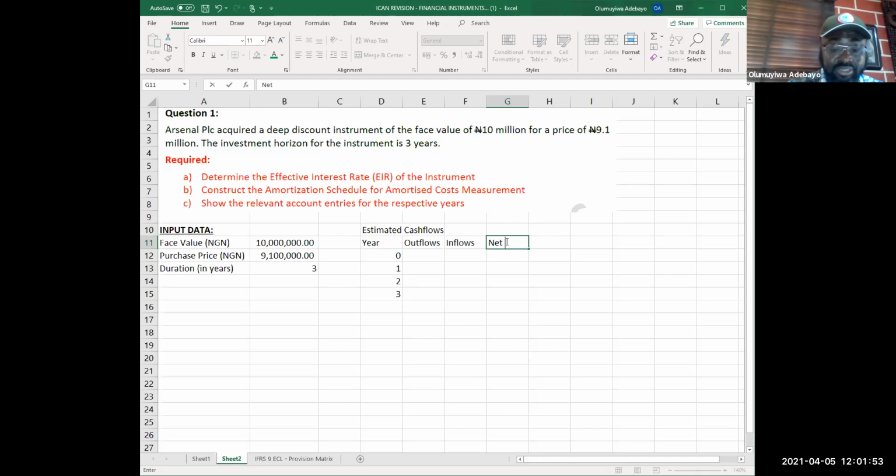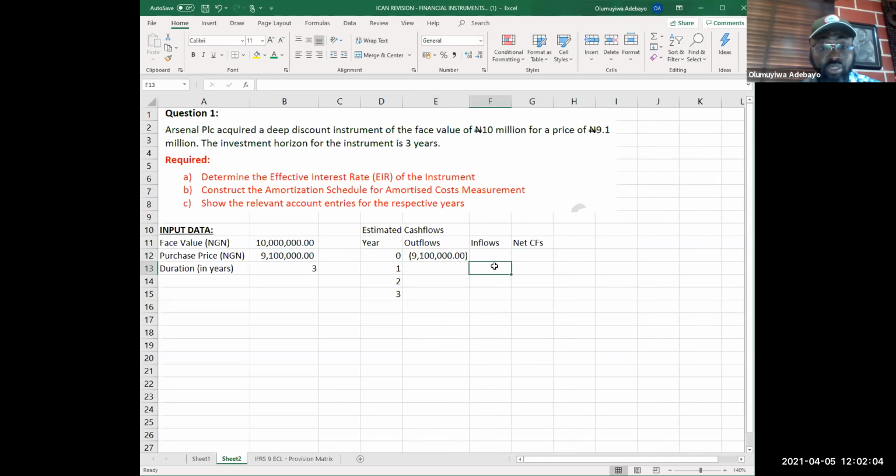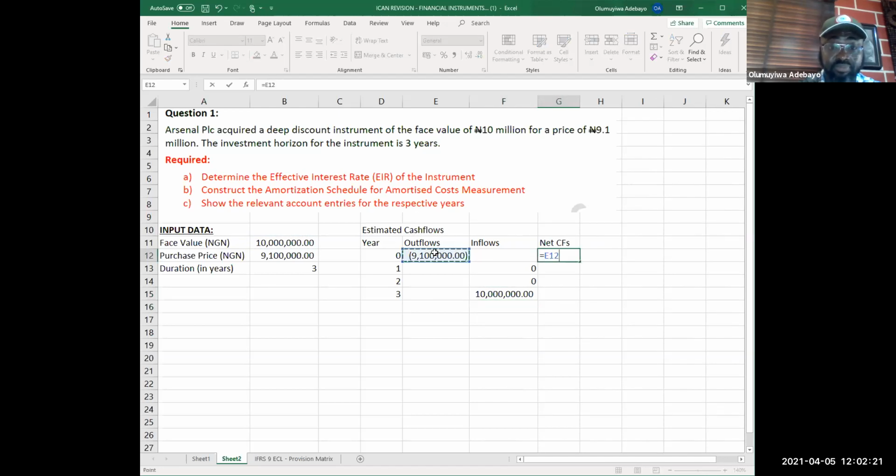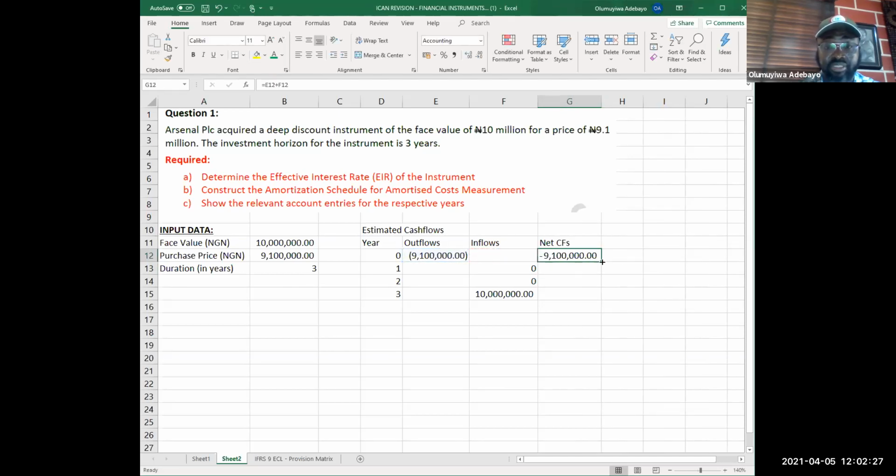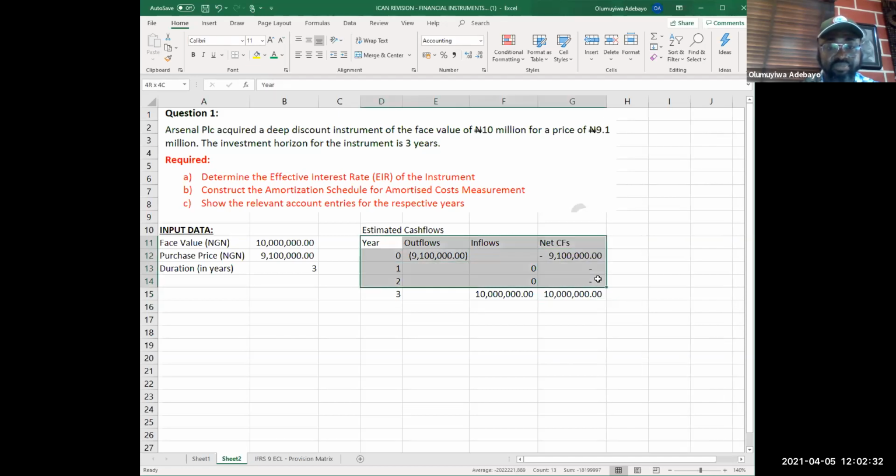And I have my net cash flows. I invested, which is a negative cash flow, 9.1. In year 1, I get nothing because it doesn't pay interest. In year 2, I get nothing. But in year 3, I get back my face value. Therefore, if I net off inflow and outflow, this is my pattern of cash flow, which is the same as what we've done on the timeline.